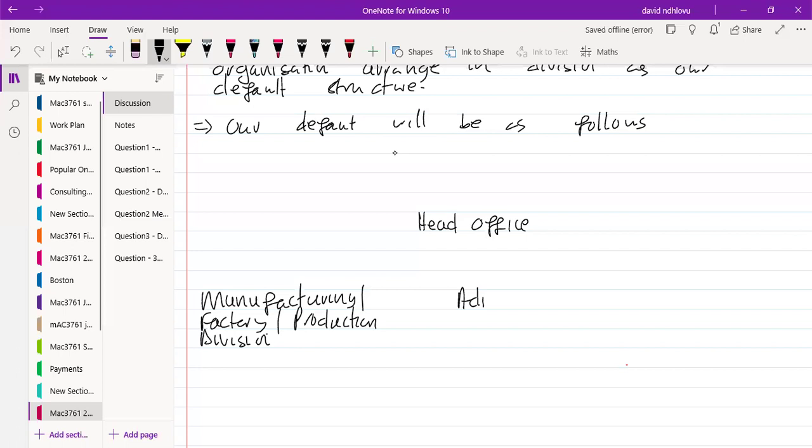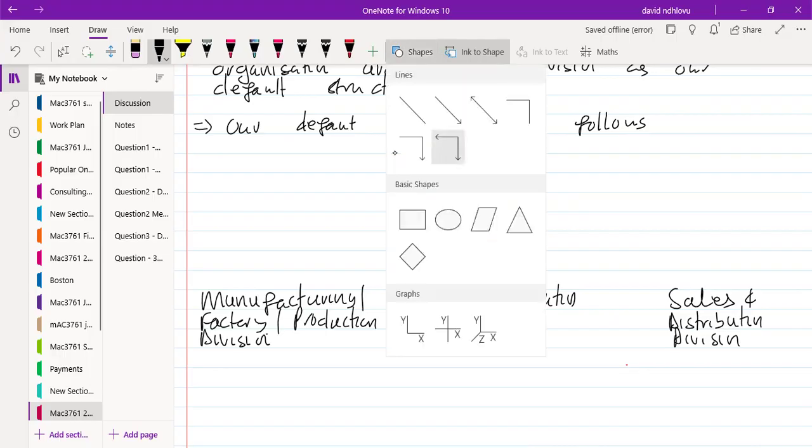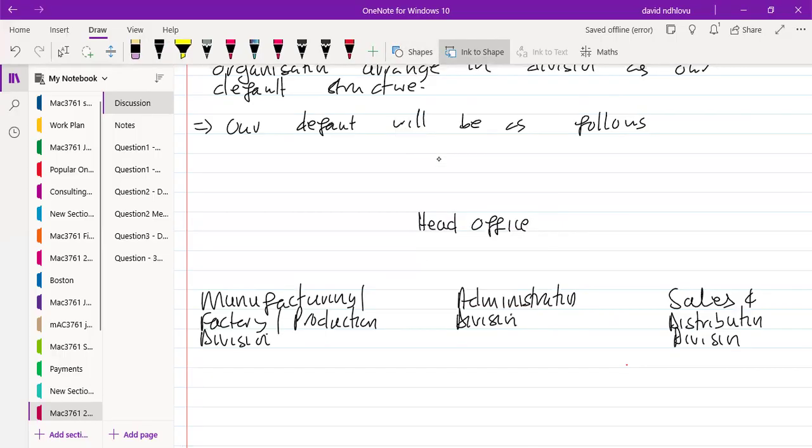Then we have the administration division. Then we have the sales and distribution division. So you will find that according to our default, this is how an organization should be arranged if it's a manufacturing concern.